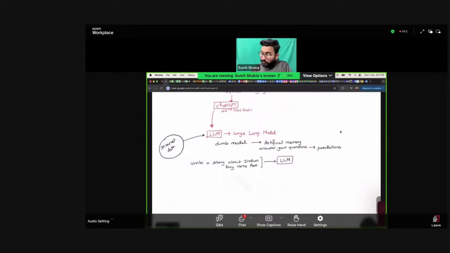So based on this context, what is the first word that will come? Whenever a human writes a story, it always starts with the word once. So the first word would be once.